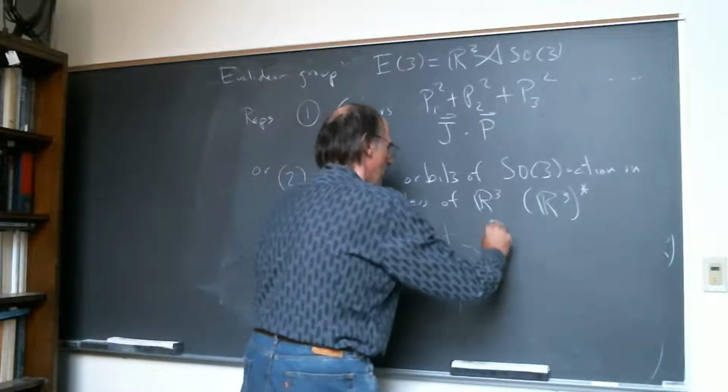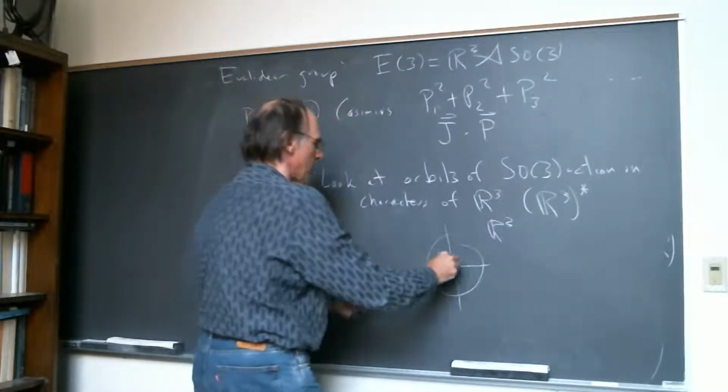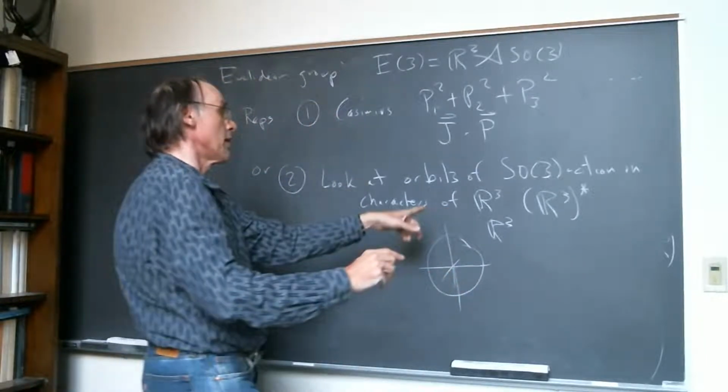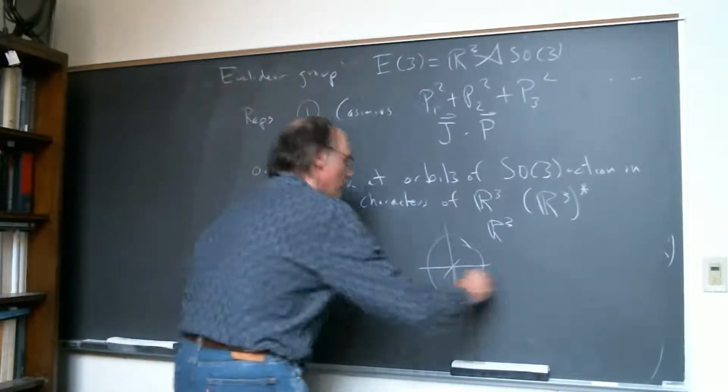R3 is just R3, and so the orbits are spheres.